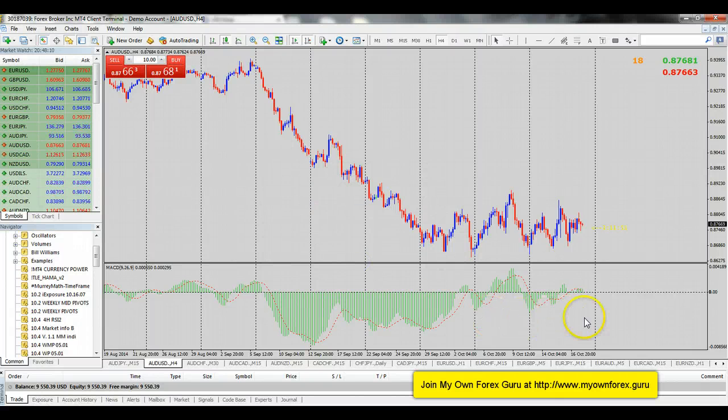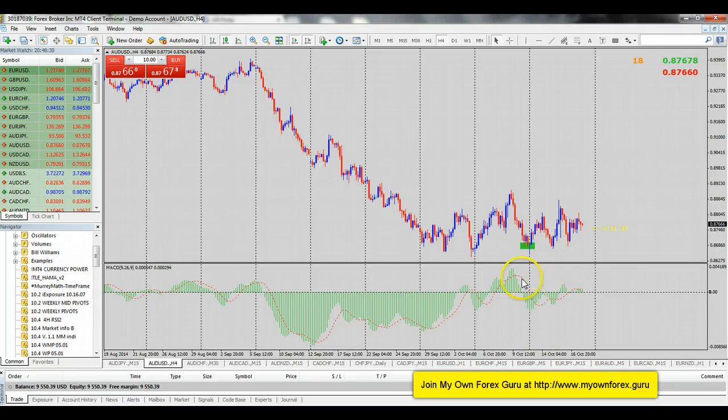So in order to discover a MACD divergent, you need a MACD indicator that shows the histogram. This is a histogram. We're going to look for a low on MACD, which we have here. Then we need a deeper low.